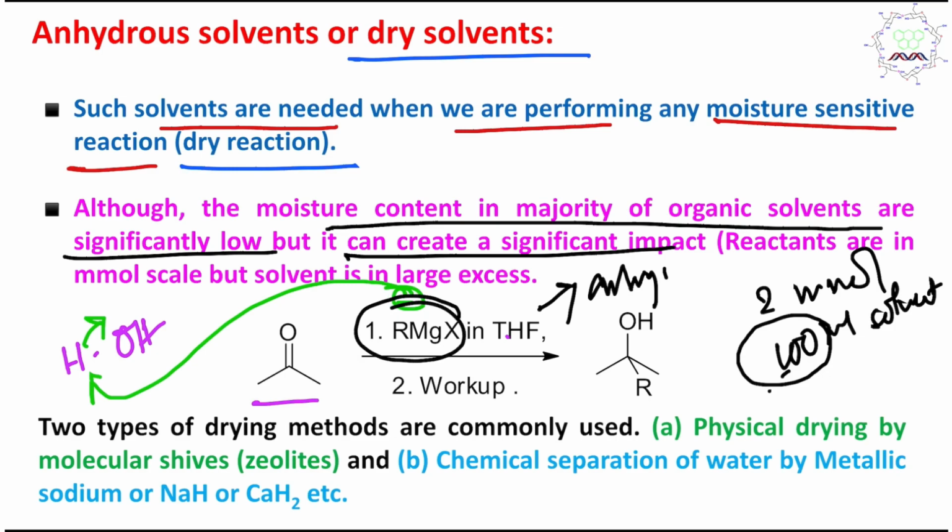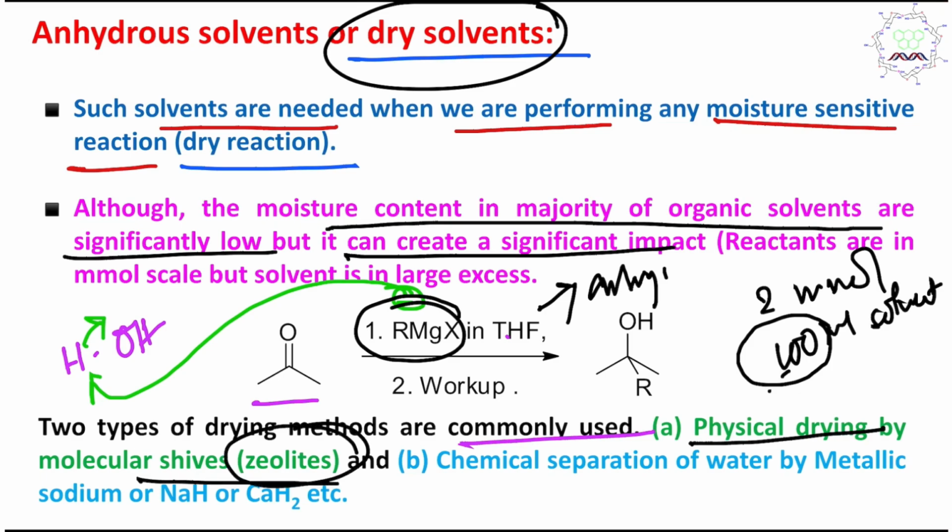For that purpose, it is always advisable to take a moisture-free chemical environment, including moisture-free or dry solvent. In this context, two types of methods can commonly be used. One is a physical drying method using molecular sieves, which are actually zeolite, and the other is chemical separation of water from the solution, for example using metallic sodium or calcium hydride.